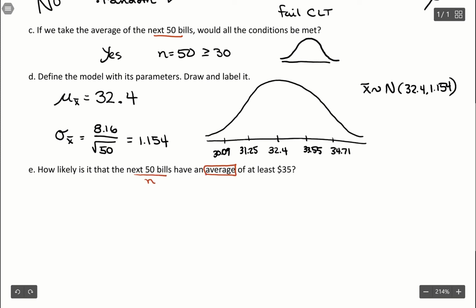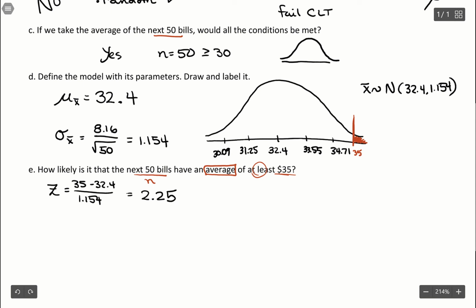There's that word average that we want to look for in these questions. And here they're giving a cutoff of 35. So in terms of our picture, it's somewhere out here we have 35, and we want to have the probability of at least that much, so that'll be an area to the right-hand side. So first thing we need to do is get a z-score for our $35 value. So we'll take 35 minus the mean over our standard deviation, and that'll give us a z-score of 2.25.